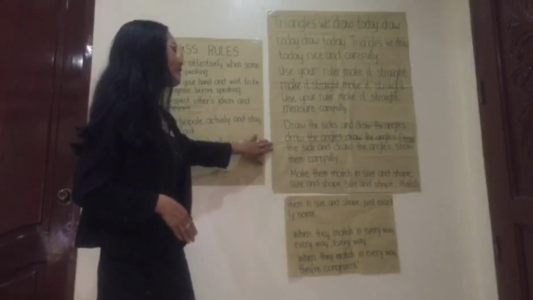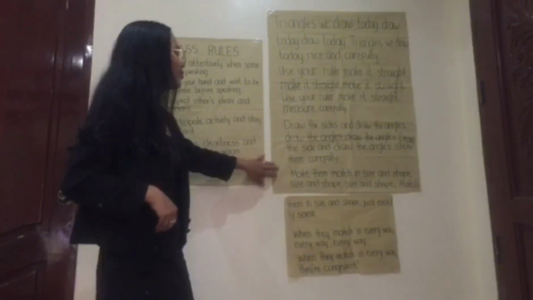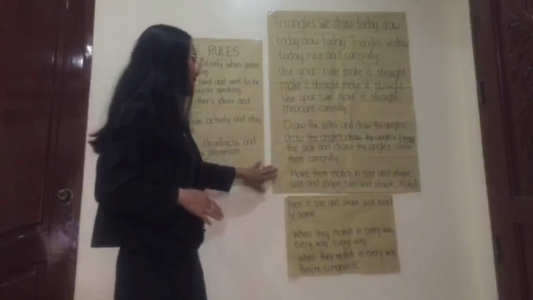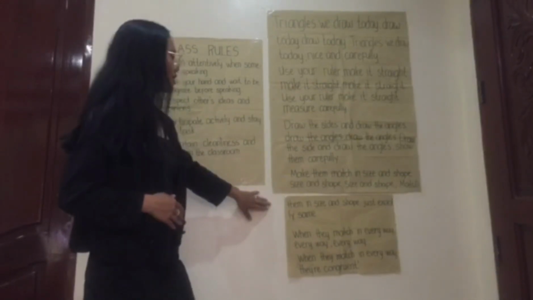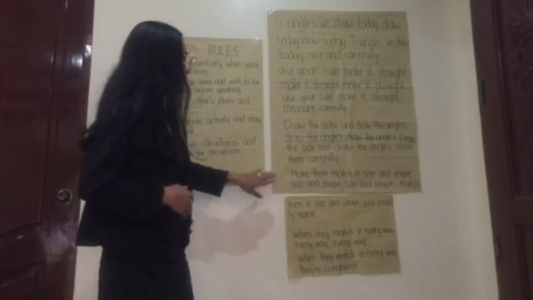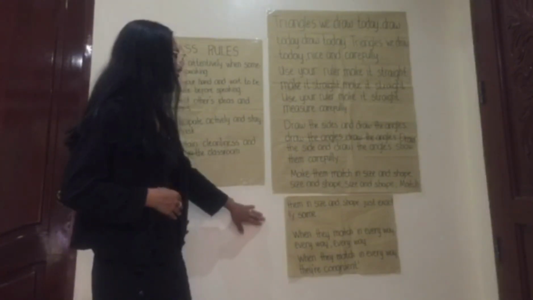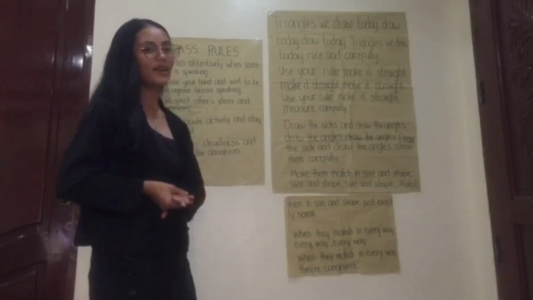Draw the side and draw the angles, show them carefully. Make them match in size and shape, size and shape, size and shape. Match them in size and shape, just exactly same. When they match in every way, every way, every way. When they match in every way, they are congruent.